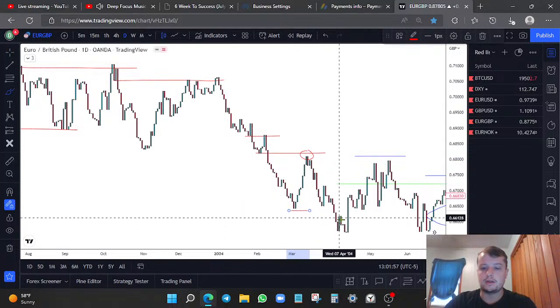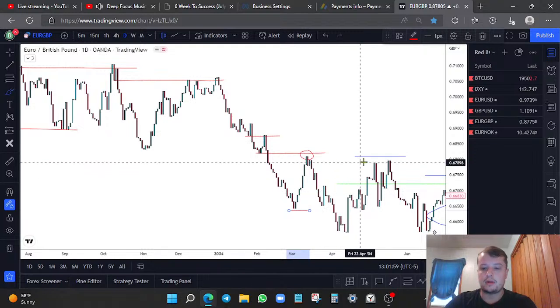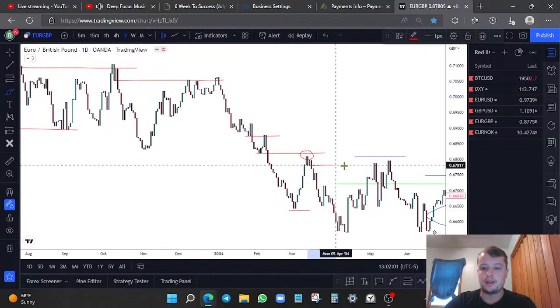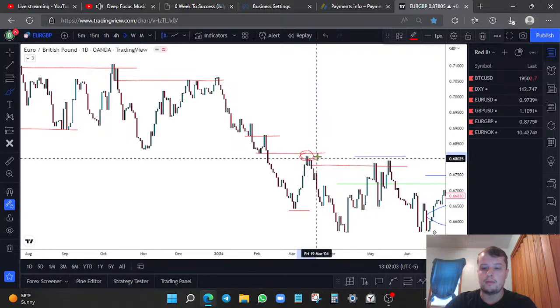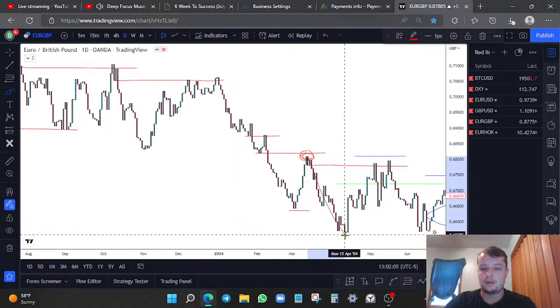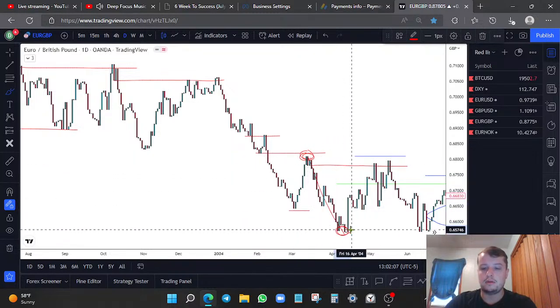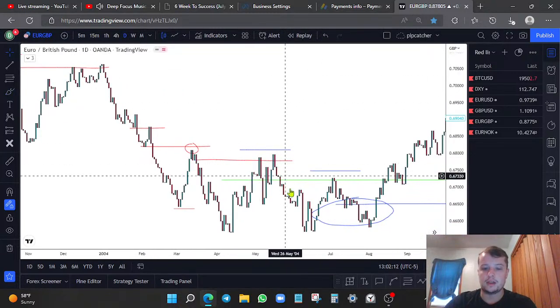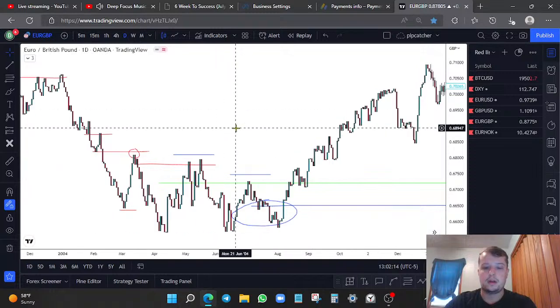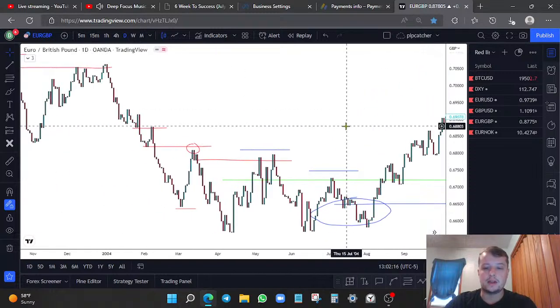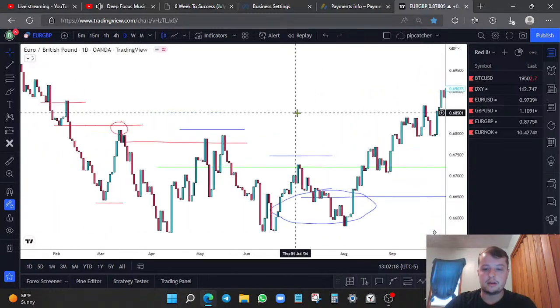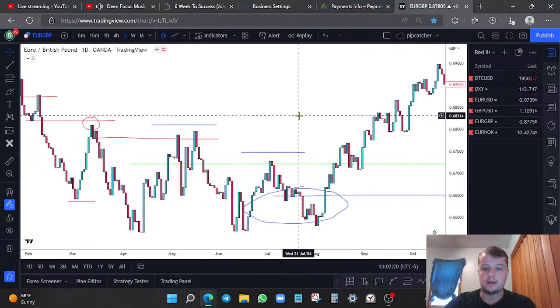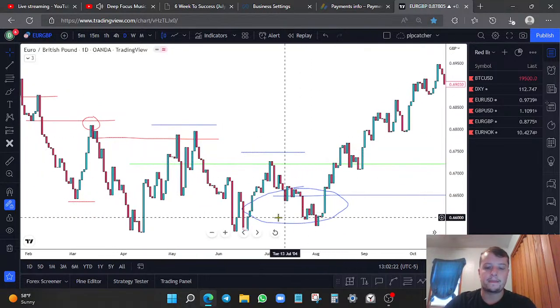Break of structure to the downside. Price finally reaches that range from that high to this low here and gives us a nice rejection, right? This was the area that I wanted to look at, I think, on the weekly time frame.